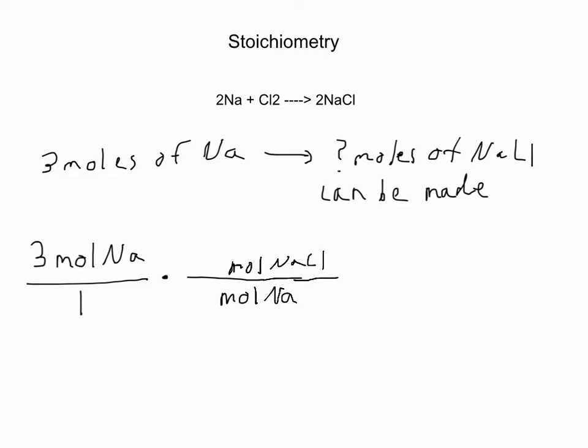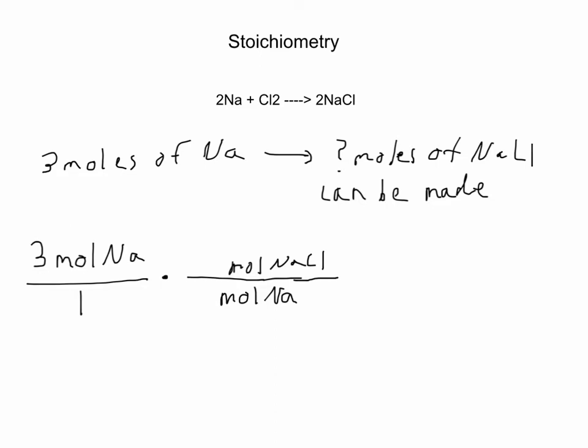Now, before, when we did two-step conversions, we had to make sure we were allowed to do this kind of conversion. Do we know a relationship between moles of sodium and moles of sodium chloride? Well, it turns out we do.